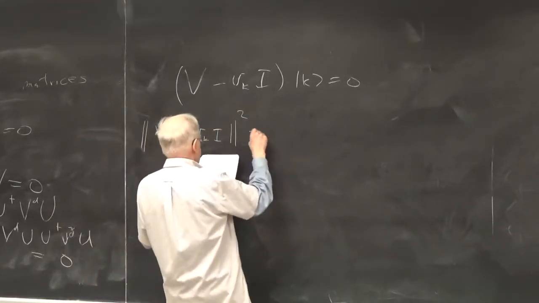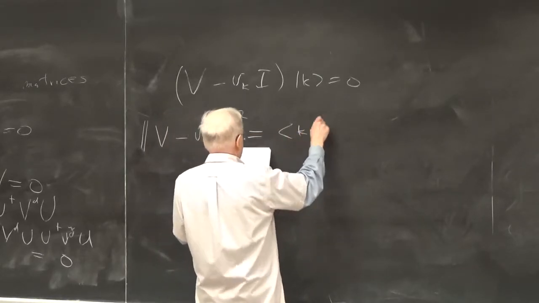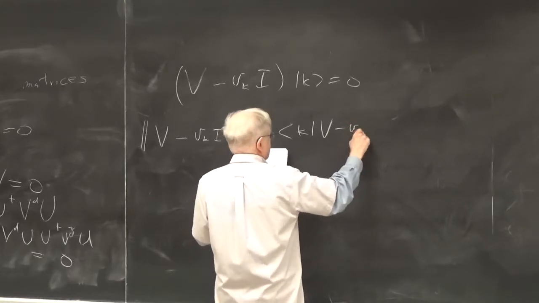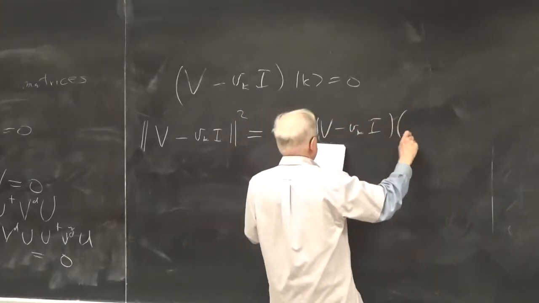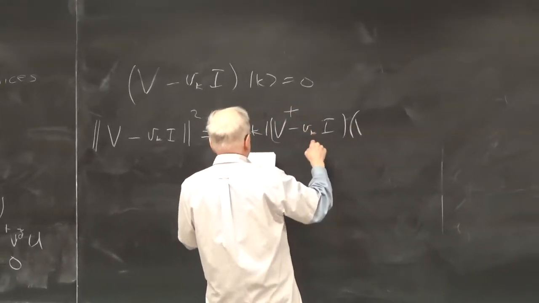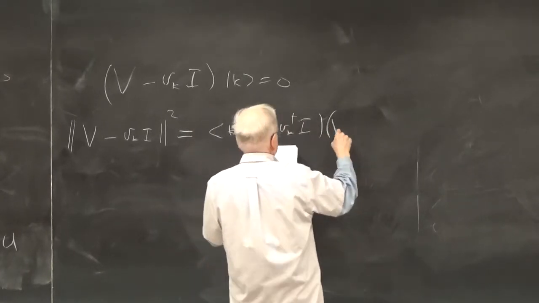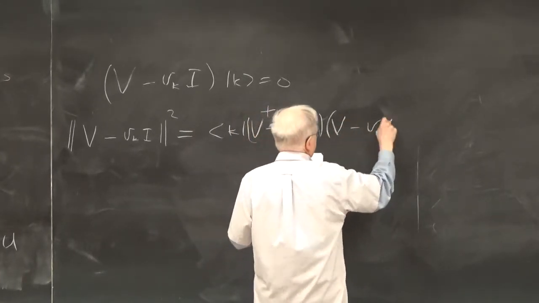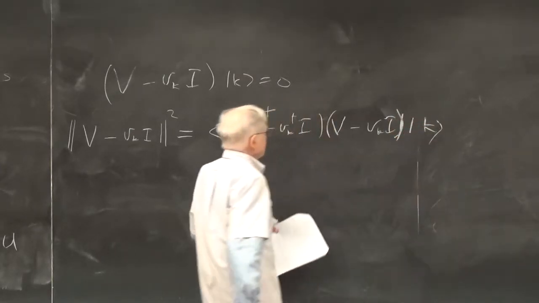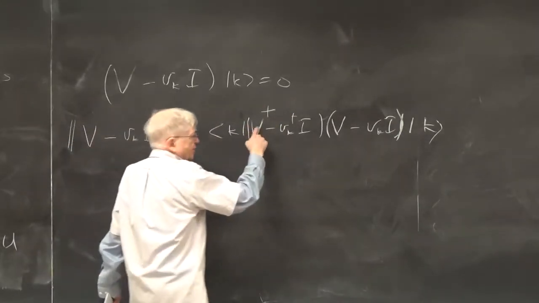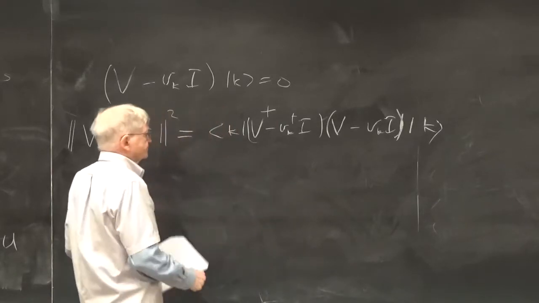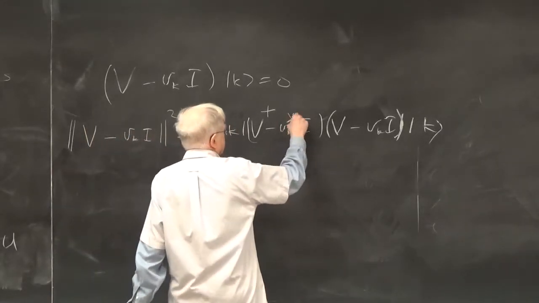That is the norm of (V minus VK I) K, which is K dagger (V minus VK I) dagger times (V minus VK I) K. But because V is normal, this operator commutes with that one, and what I want is a complex conjugate.